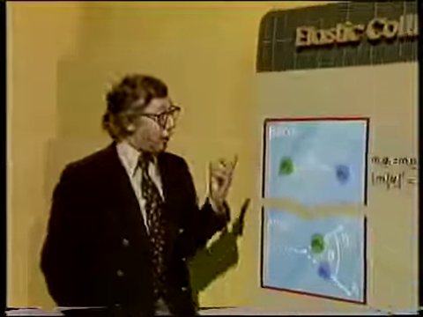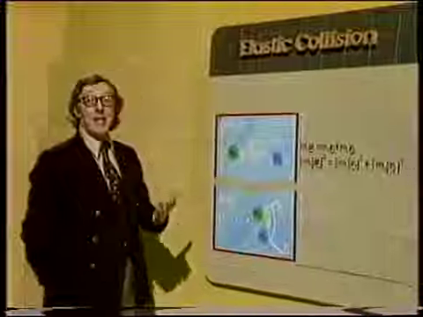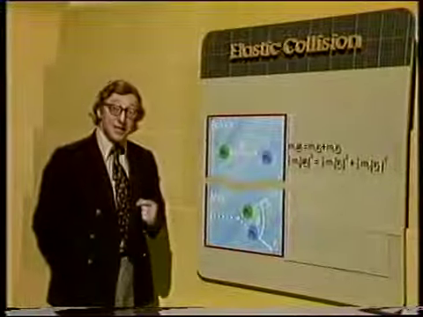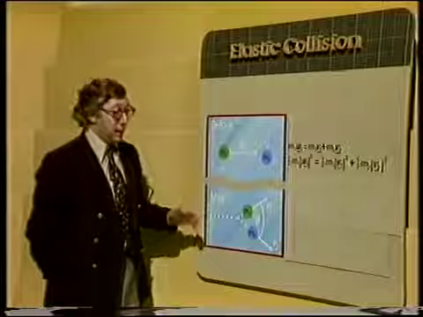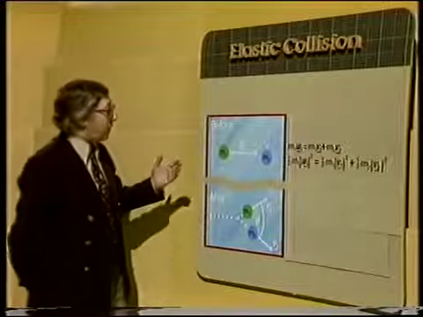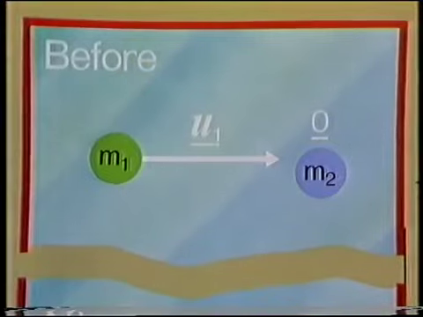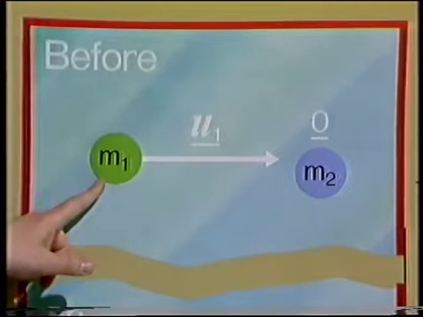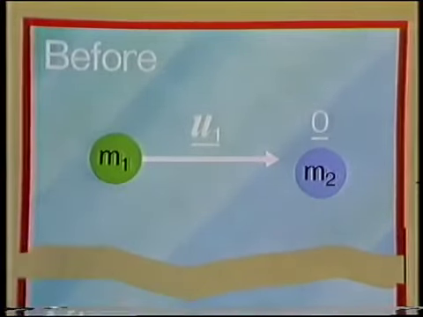So let's choose to illustrate this use of elastic collision by reference to an exercise which you'll actually find in your text. So you don't have to worry about the details. I'll go over it rather quickly. The experiment I'm talking about is a glancing collision of a particle of mass m1 off a stationary particle of mass m2.